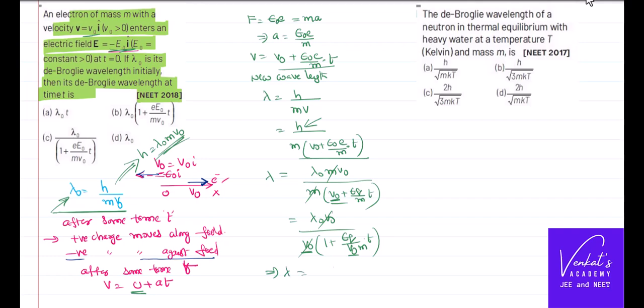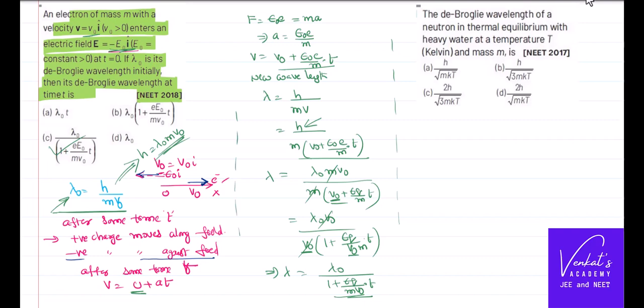So the new wavelength is lambda naught divided by 1 plus eE naught by m v naught of t. That's the answer for the problem. That's how we solve that problem conceptually.